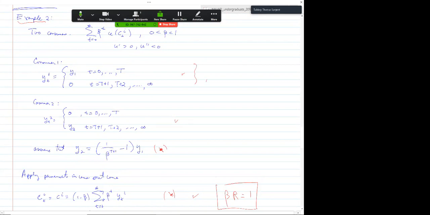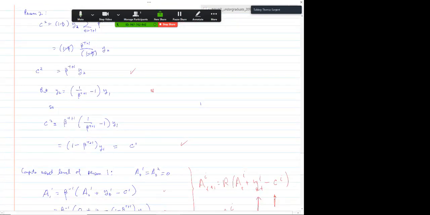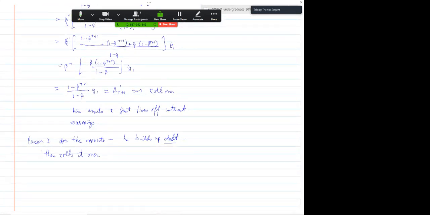Person 1 is going to have to accumulate so many assets that if he is to consume C1 for T later in life, he's going to have accumulated enough assets to live just on his interest. And that is what's going to come through in these calculations, I hope.